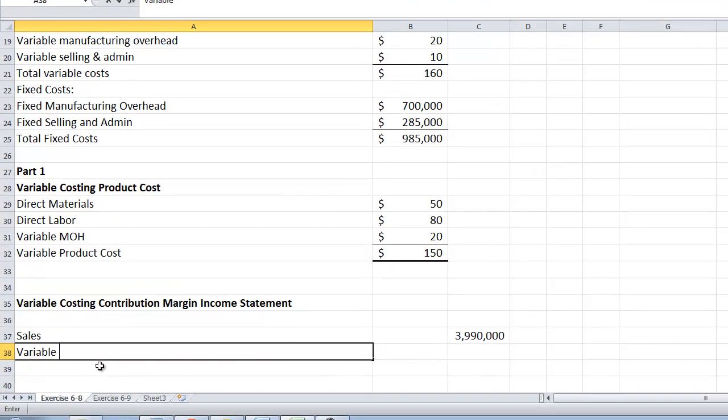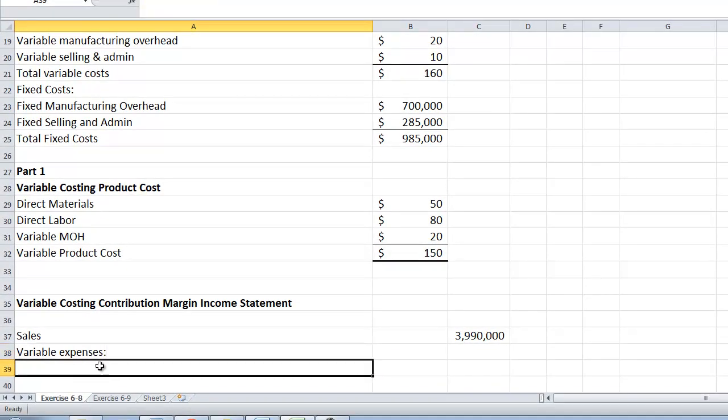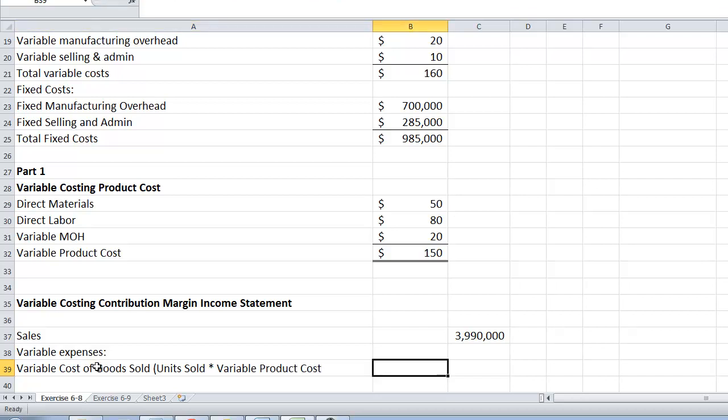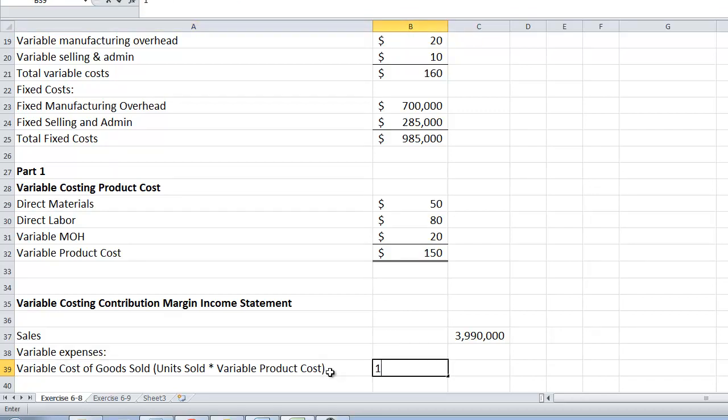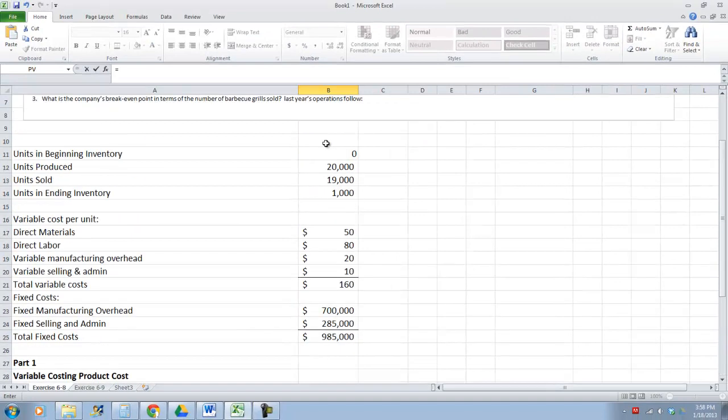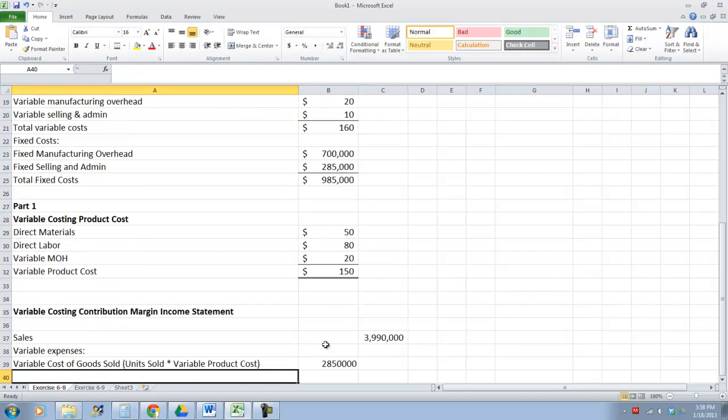Then we must list out our variable expenses. Variable cost of goods sold is equal to units sold times variable product cost, what we just figured out in part 1. So we sold 19,000 units times our variable product cost.